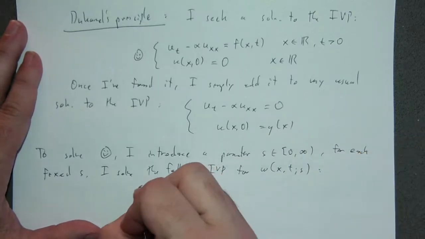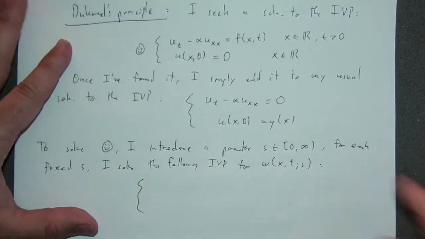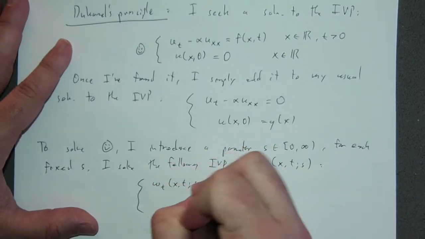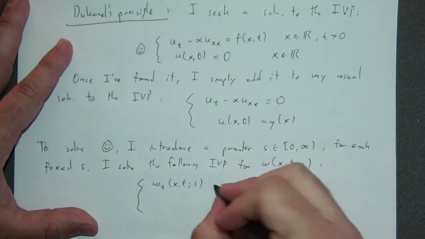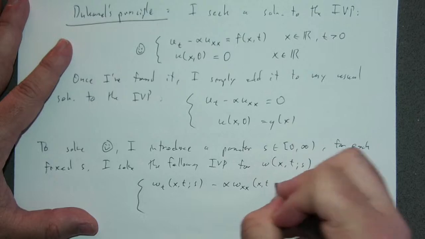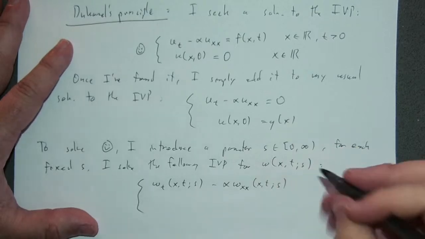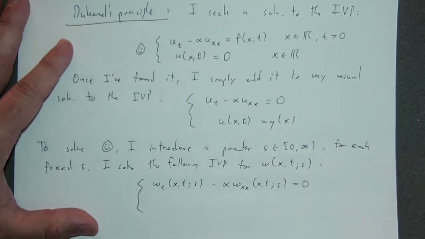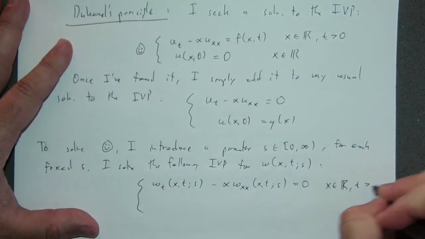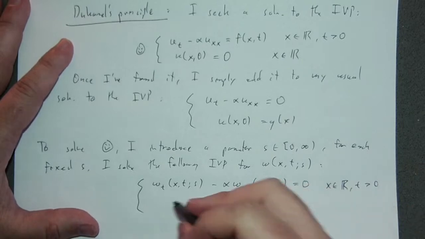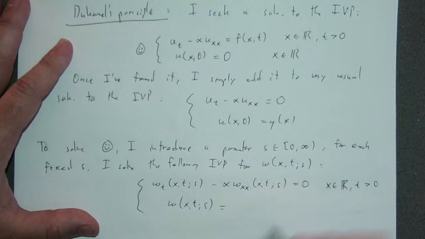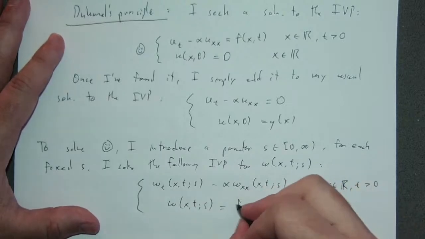So what does this become? So this is W sub t of x, t, s minus alpha W sub xx of x, t, s is equal to 0. So now this is homogeneous. Okay, and I know how to handle that. But now my initial condition is replaced with the source term.